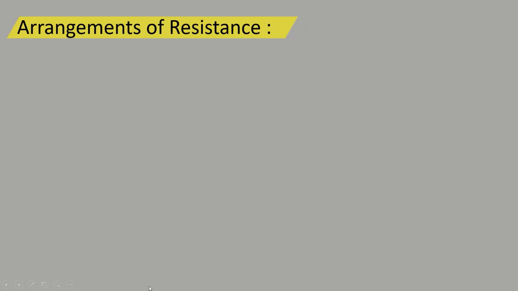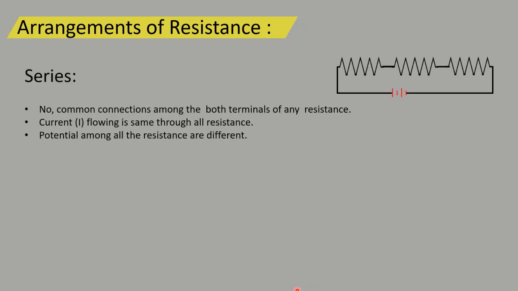Now next, we study the arrangement of resistance. Resistance can be arranged in two simple formats, one in series and another in parallel, which we will be studying later. Right now, in series connection, no two resistances have both terminals common as part of the connection. That is, as you can see here, for this resistance one terminal is connected with the battery and the other terminal is connected with another resistance.